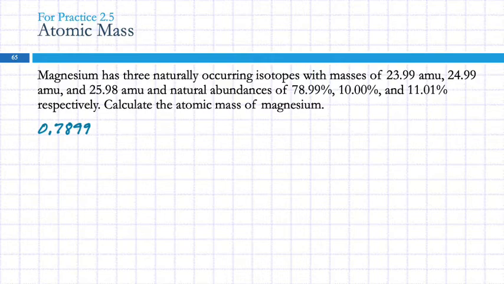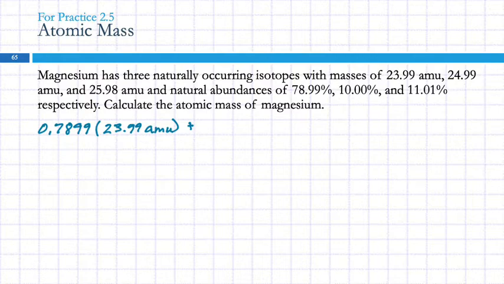So that's where I'm getting that from. We're going to multiply by the mass of that isotope. So that's this guy here, 23.99. And we could do each of these together and then add them up. I find that tedious, so I'm going to just run them all together and do it at once.